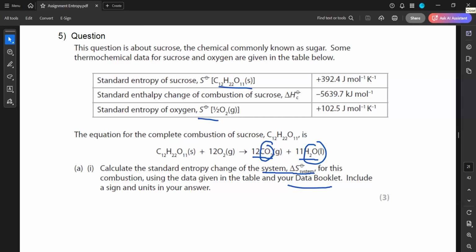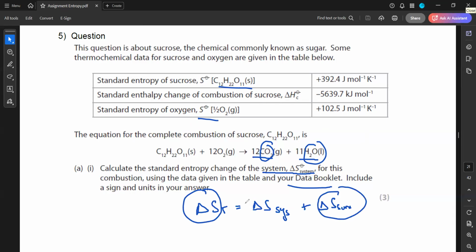No. If you use this formula, the total entropy equals the entropy of the system plus the entropy of the surroundings. Why is this formula not applicable? Because I don't know what the total entropy is. Delta H and T can be used because it's a standard, so we can get this, but we don't have the total entropy. So that's why there will be two unknowns: one is the system, another one is the total.